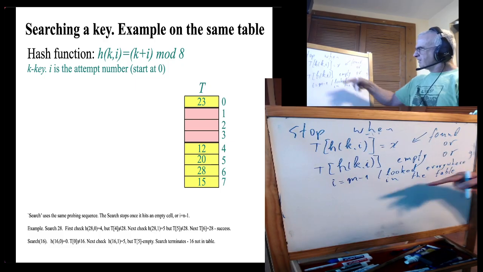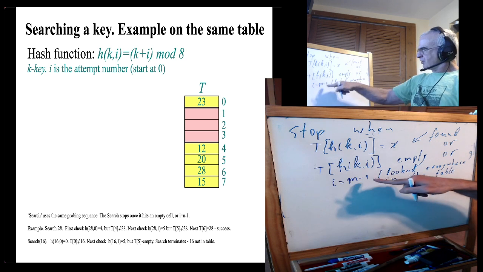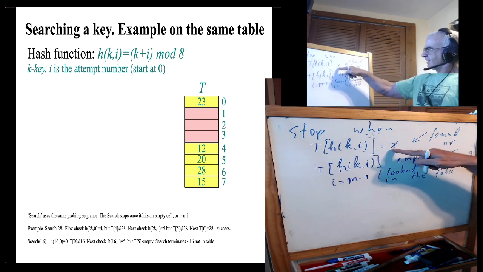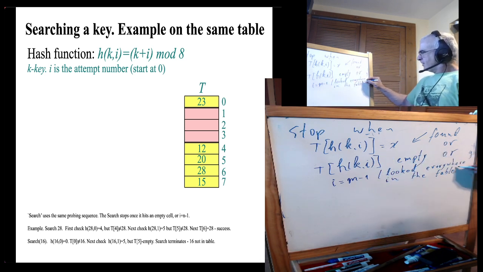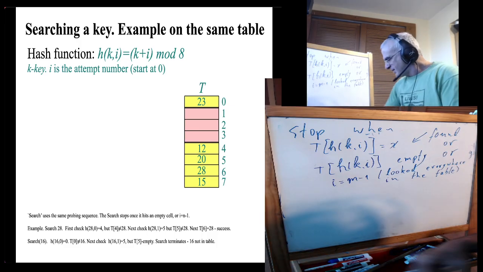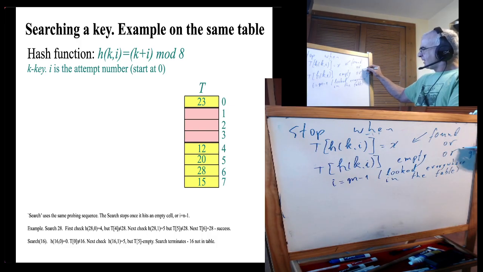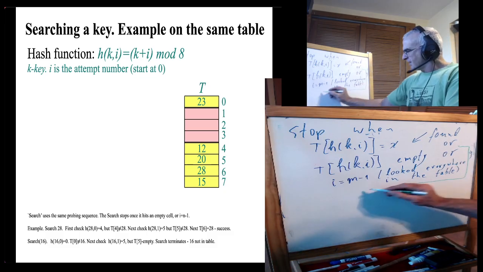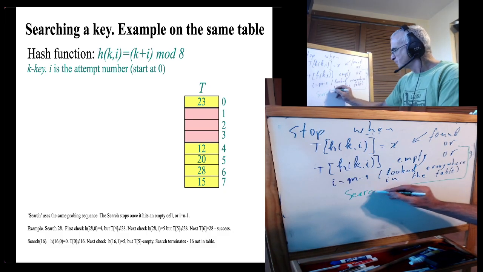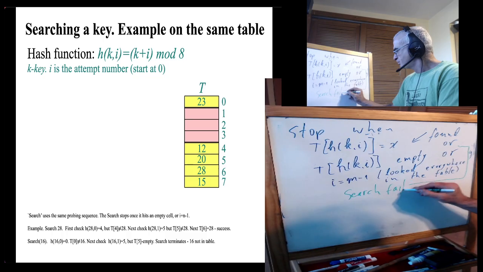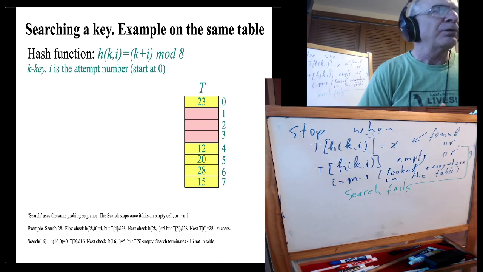And none of the cells contains x, the value I'm after, meaning that in both these cases, this is our indication that the search failed. It is an unsuccessful search.